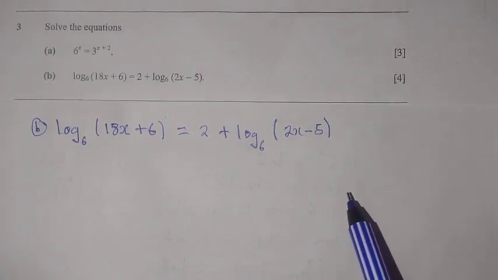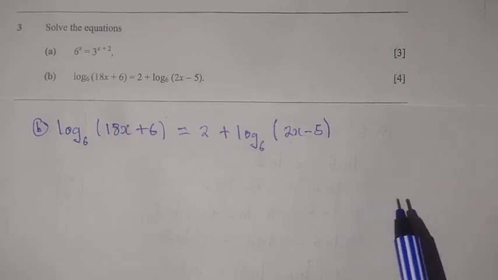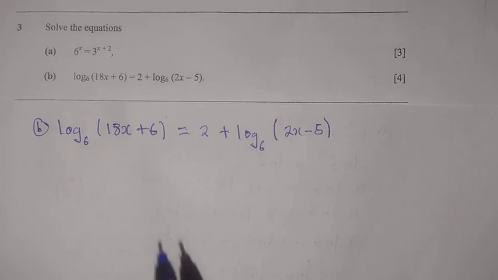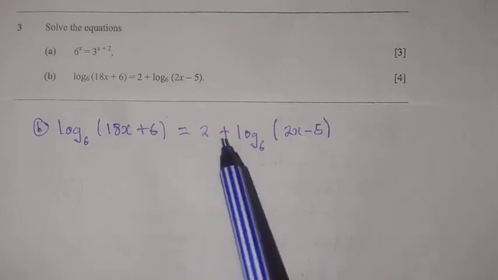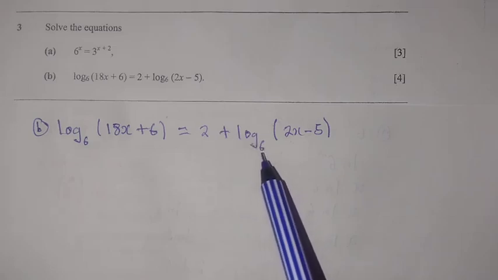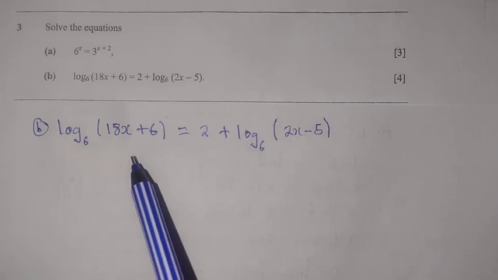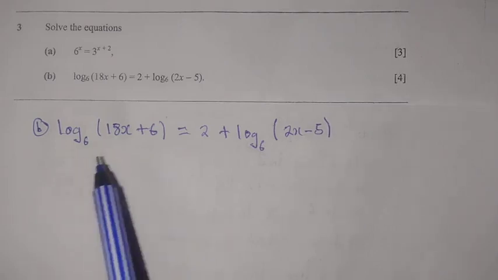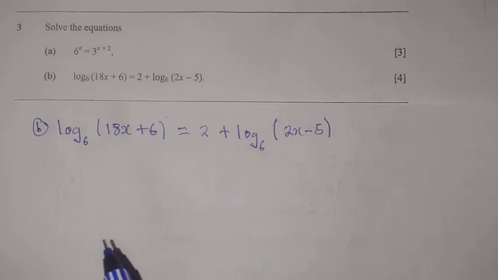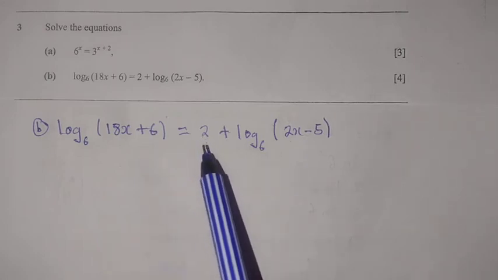So what are we going to do? Okay, what is our first step? So our first step here, we need to observe. Here we have 2 plus log with a base of 6 in brackets 2x minus 5. So we will take it to the left hand side so that we have log and this log on the same side so that you just remain with 2.